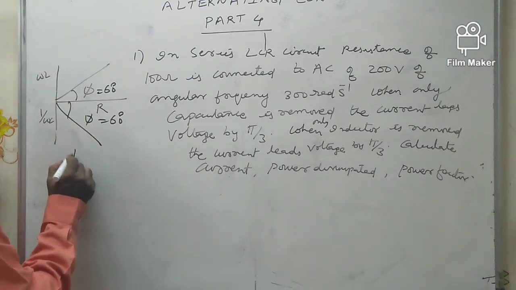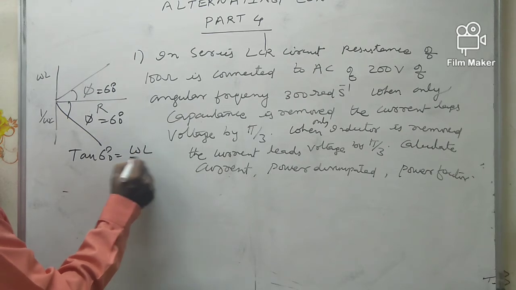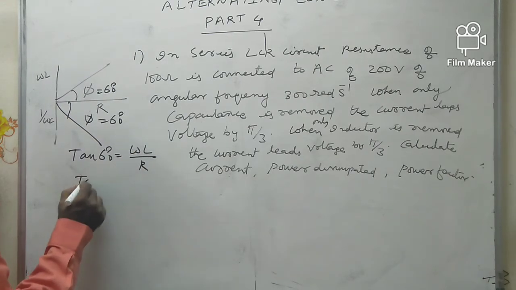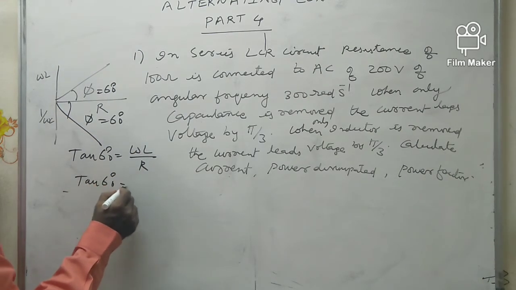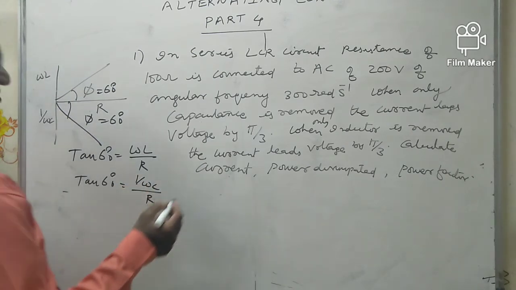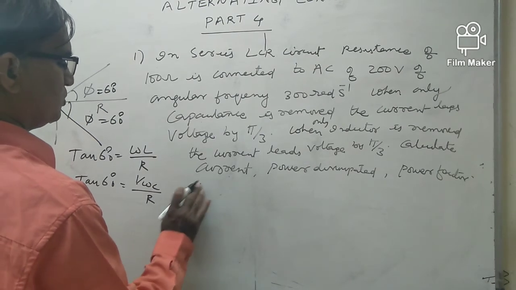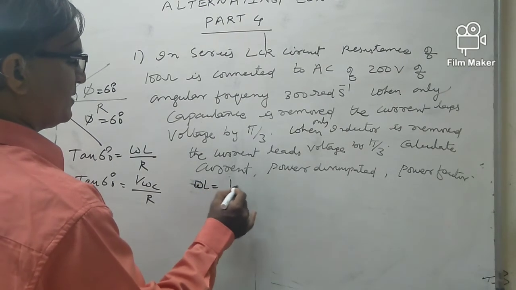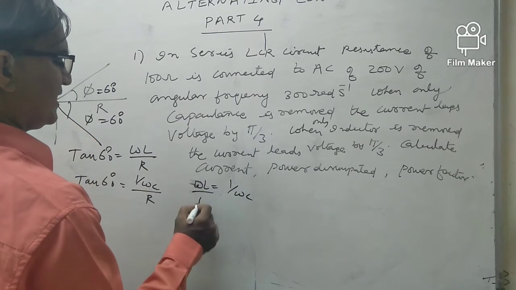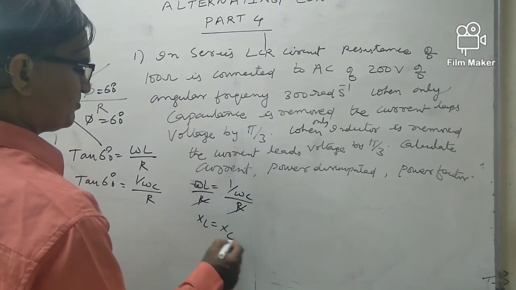Tan 60 is equal to omega L by R, and again tan 60 is equal to 1 by omega C by R. Both are equal, so R gets cancelled and XL is equal to XC.